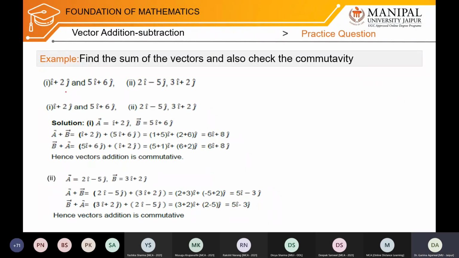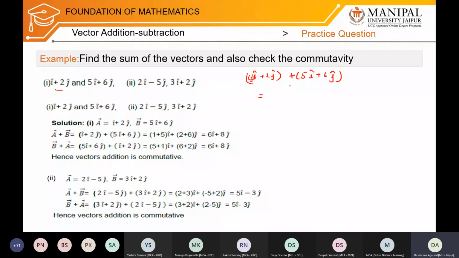Here we have a few examples on the addition and subtraction of vectors. Here we need to find the addition of the vectors i plus 2 j cap and 5i plus 6j. So how can we find the addition of vectors? We just need to add the coefficients of i cap.